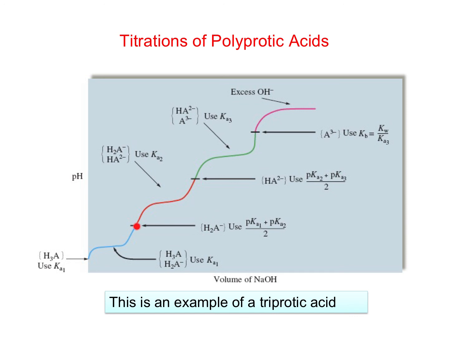And so we have, in fact, 3, this is an example of a triprotic acid, so we have 3 equivalence points. If we look for the regions where the pH is changing rapidly, each one of these represents the equivalence point for taking another one of the protons off of the polyprotic acid.